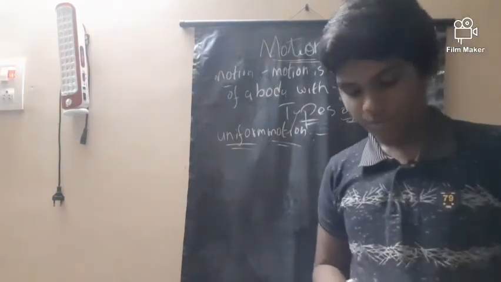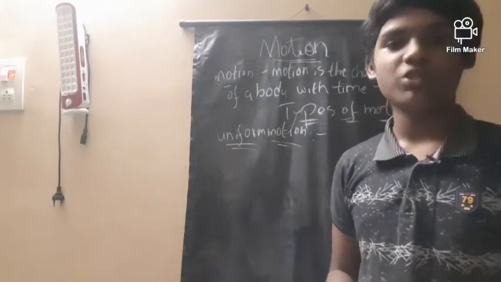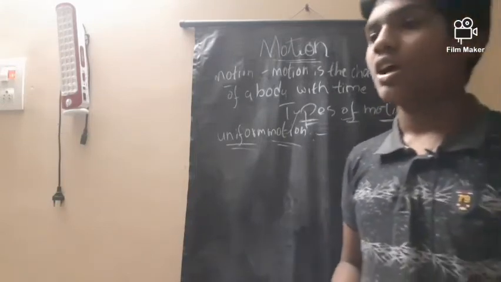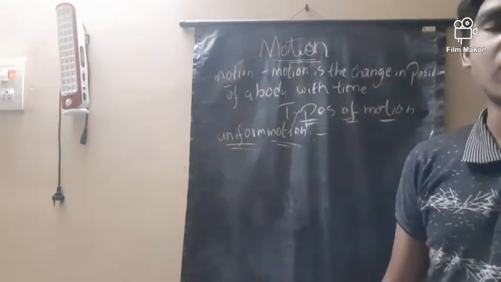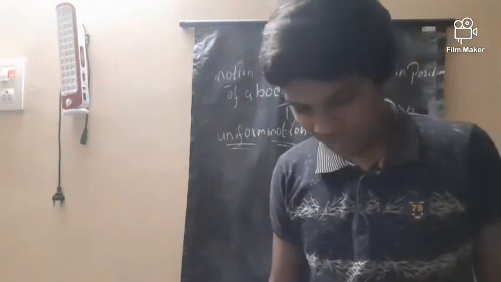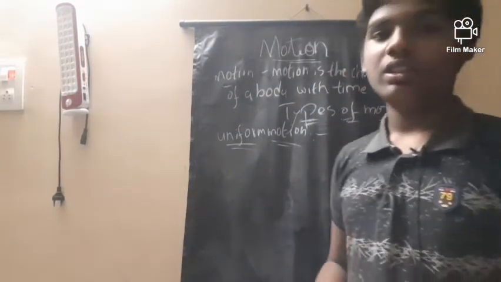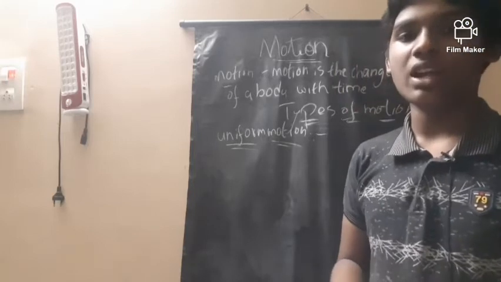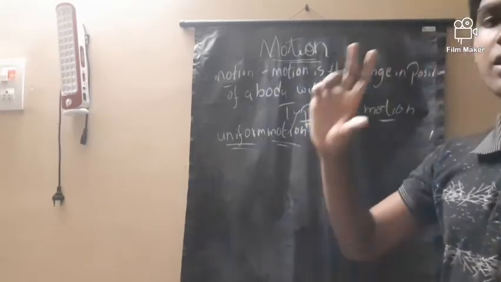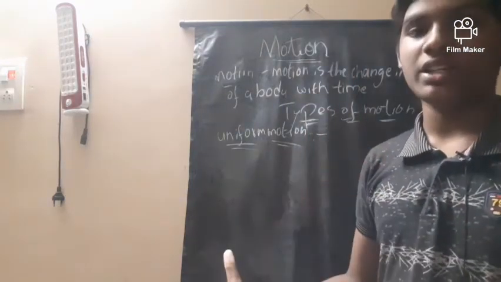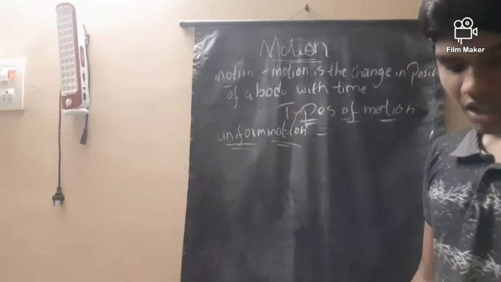Let us take an example. Let us take the Olympic games. In the Olympic games we have the 100-meter race. The athletes will participate. Now some athletes will run, so all the athletes will run 100 meters in 100 minutes, that is uniform motion.